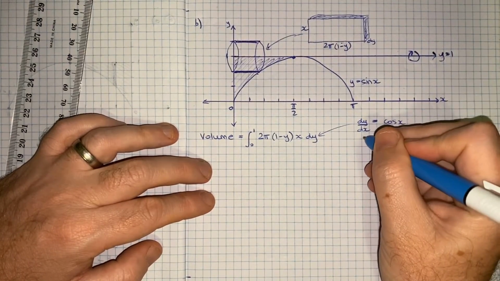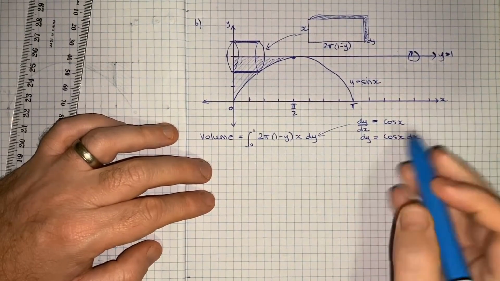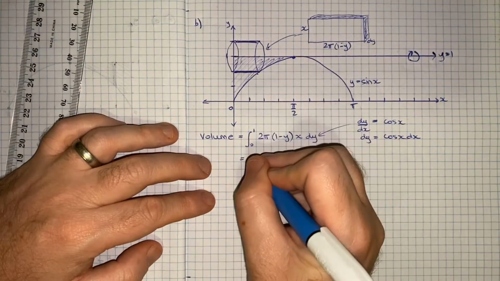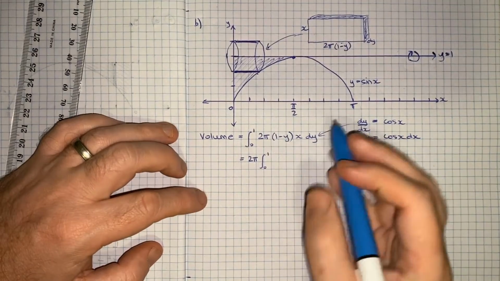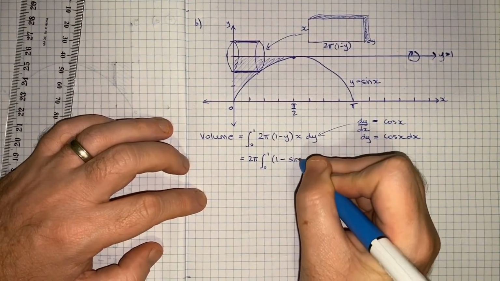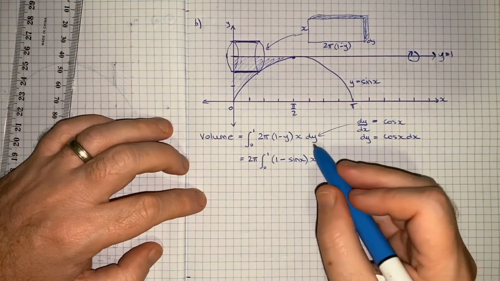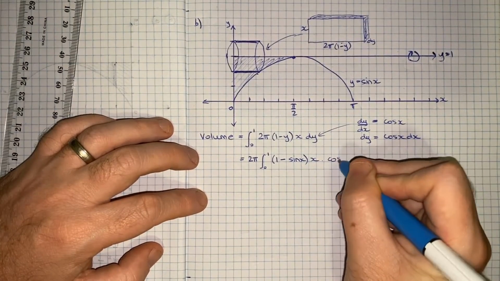That means dy we could write as cos x dx. So I could bring out the 2 pi, the constant, and that's going to be the integral from 0 to 1 of bracket 1 minus sine x times x. And now, instead of writing dy, we can write times cos x dx.